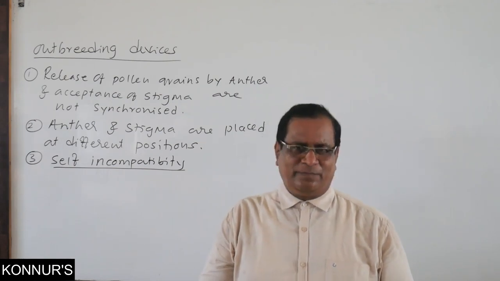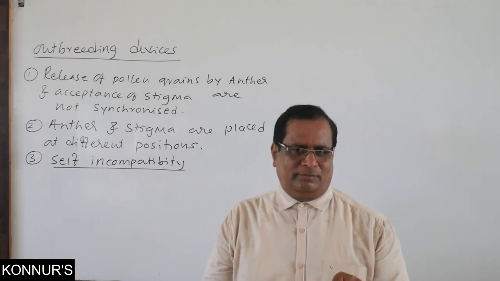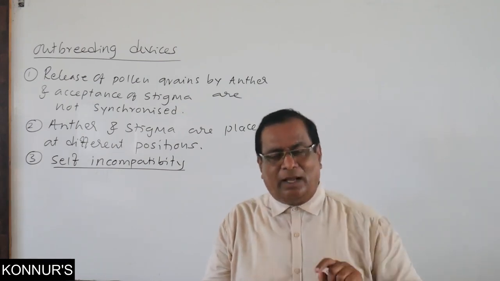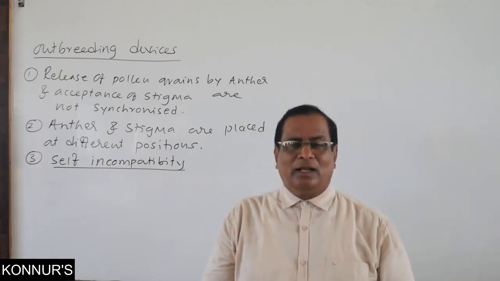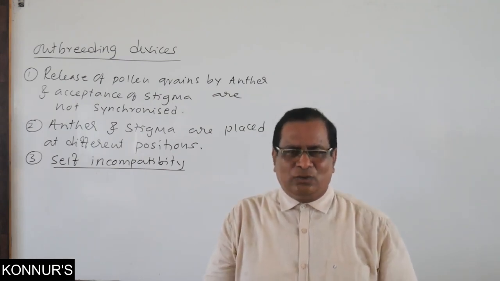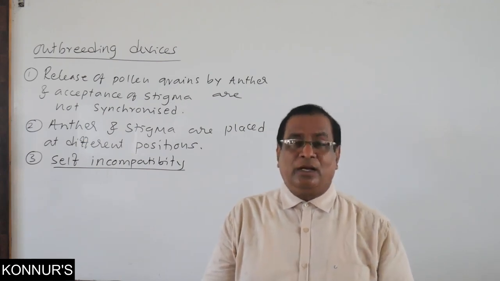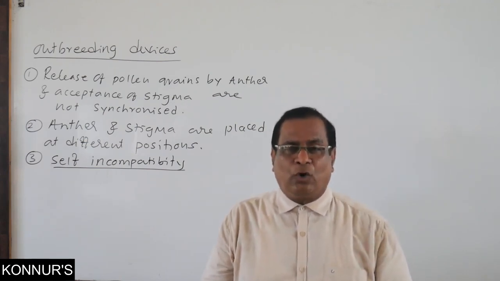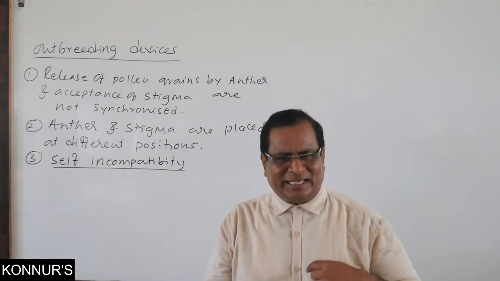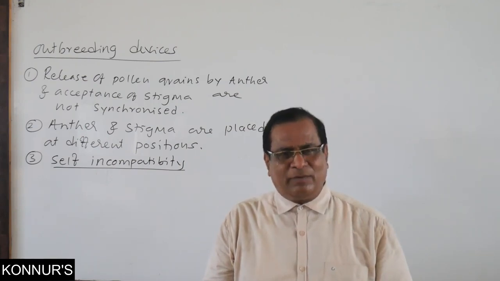Self-incompatibility means the pollen grains of the same flower fall on the stigma, and that stigma rejects those pollen grains so that they cannot germinate. Even a pollen tube is not formed, because they are rejected, as they belong to the same flower.